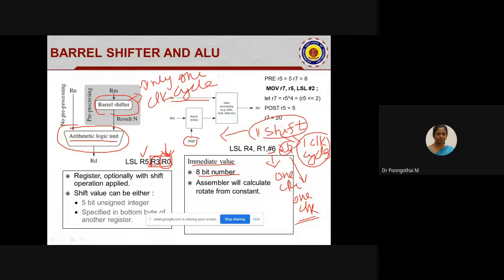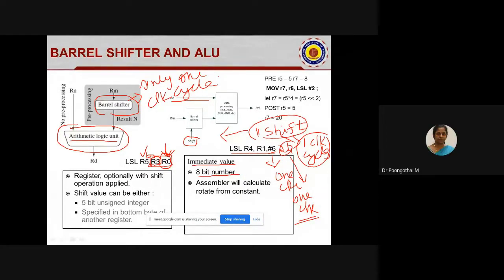After that, the result will be placed in R5. Is that clear? So what is the total number of shifts to be carried out here in this instruction? 6. 6.